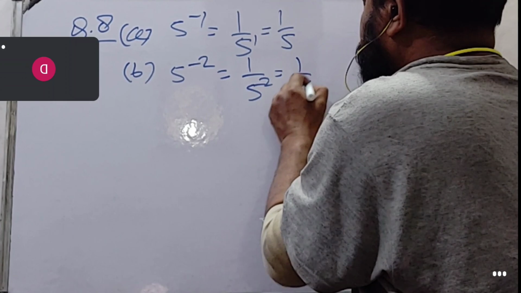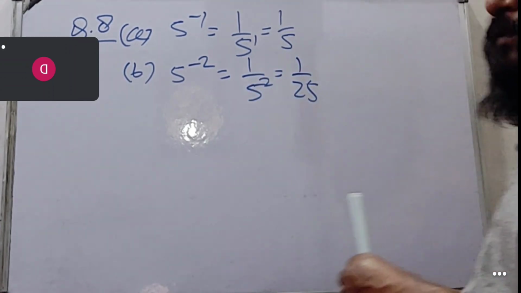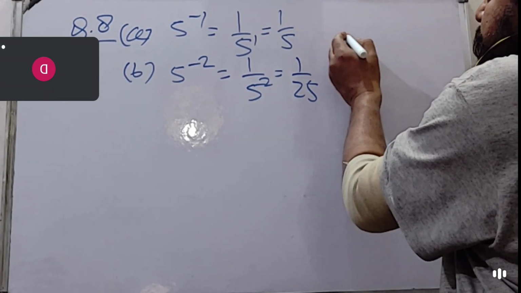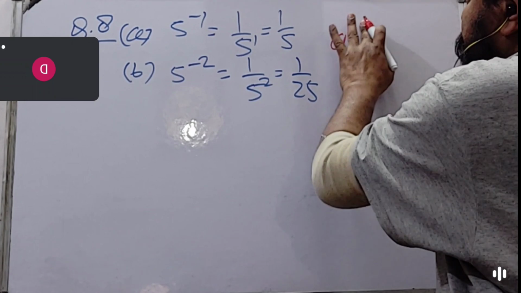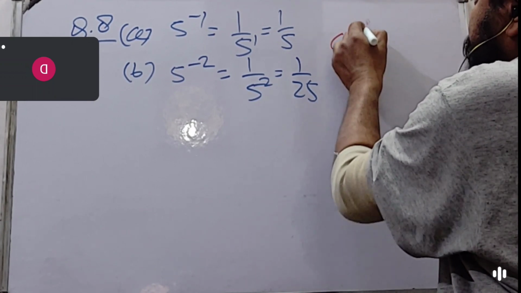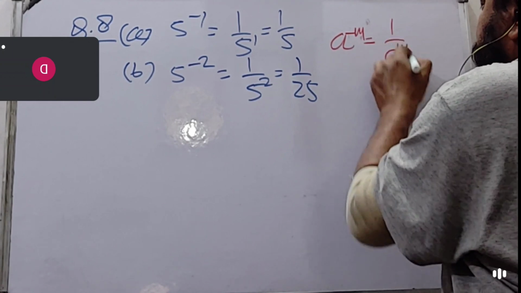It becomes 1 upon 25. And the formula we are using is A raised to the power minus m is equal to 1 upon A raised to the power m.